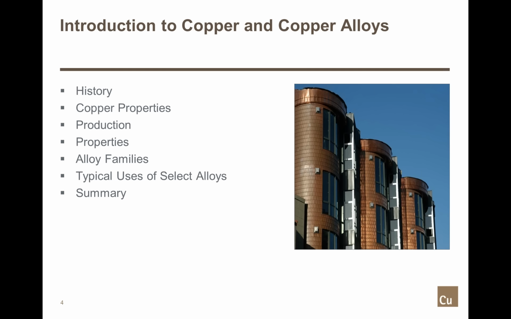Then we'll go into some production information about how copper is produced. We'll talk about how we get properties of copper materials when we process them. We'll talk about alloy families and UNS alloy numbers. Then we'll talk about typical uses of selected alloys within the copper family. And then we'll have a summary and questions.